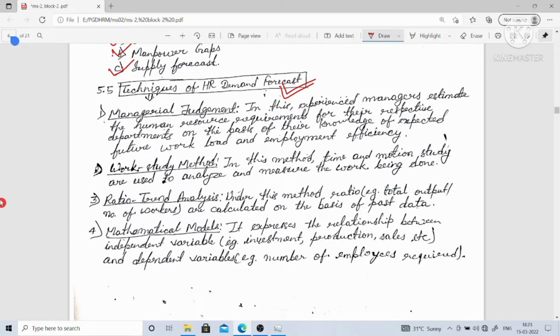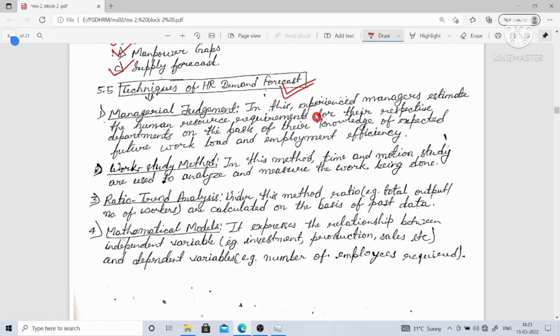So the first is managerial judgment. Managers are going to judge how much the gap is between the current requirements and the exact number of employees working in the organization.